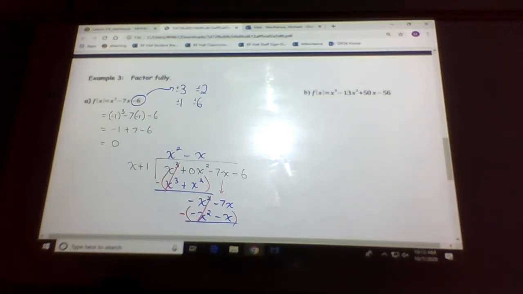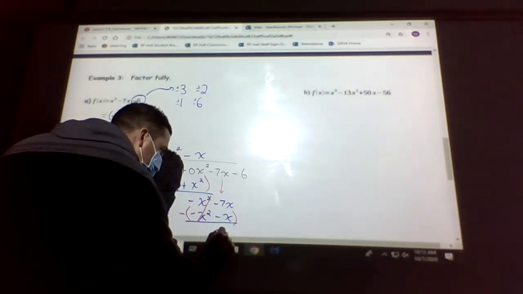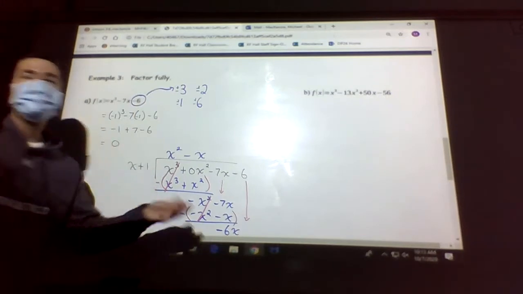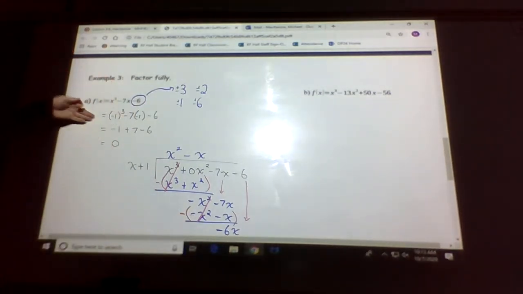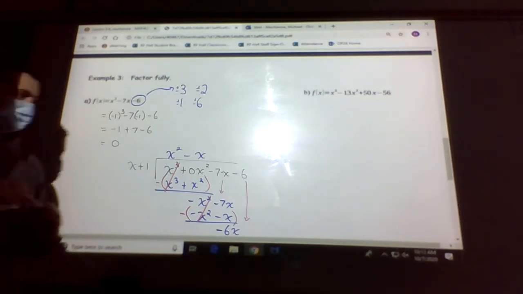Negative 7x minus a negative x, so it's negative 7 plus 1, which gives us negative 6x. And we know the answer should be 0 because we already tested it, right? So if it's not 0, then it went wrong somewhere.